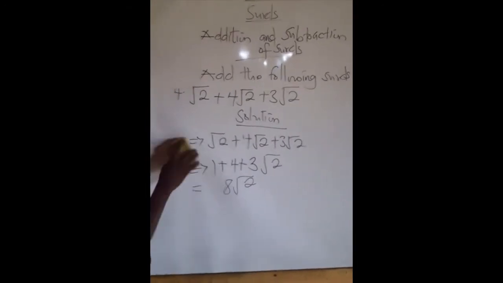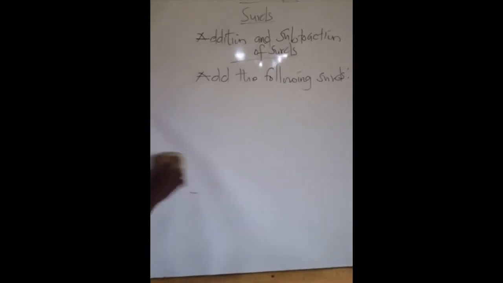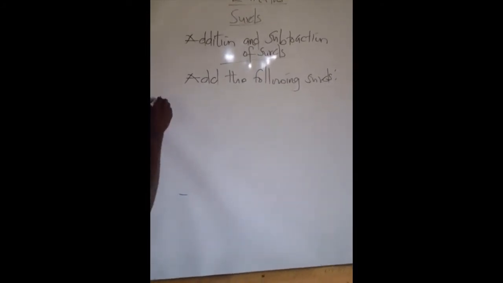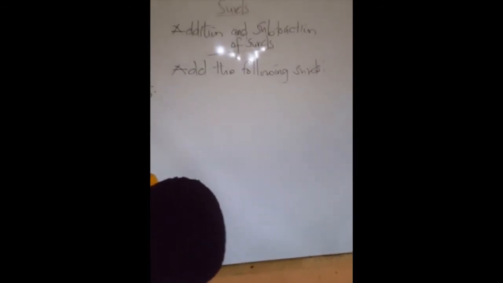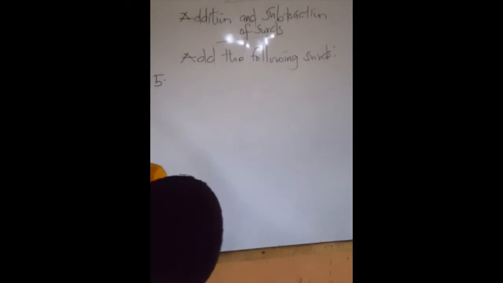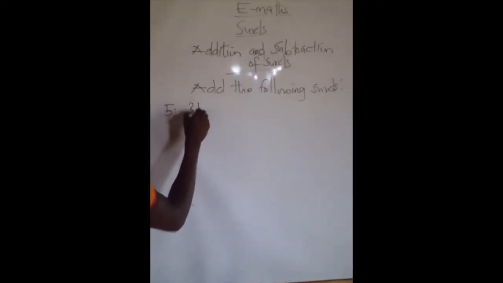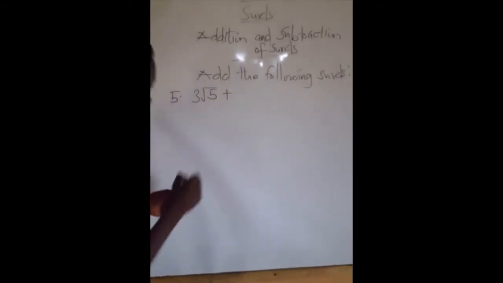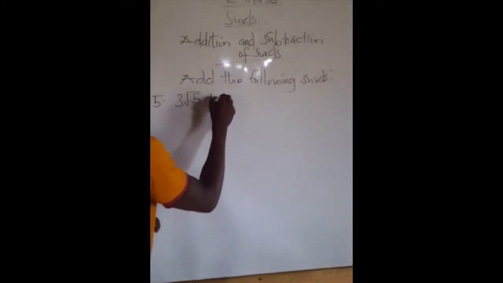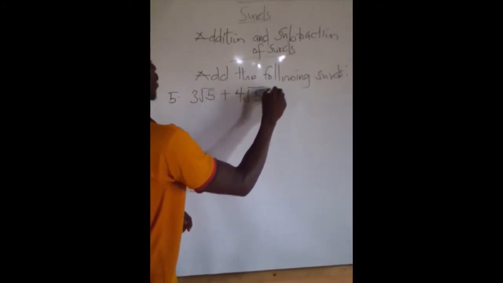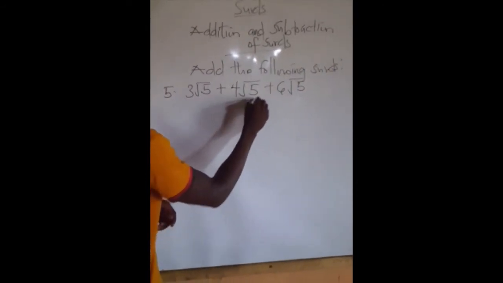Okay, so let's take our next example. So our next example, which is example number 5, is going to be 3 root 5 plus 4 root 5 plus 6 root 5. Okay.